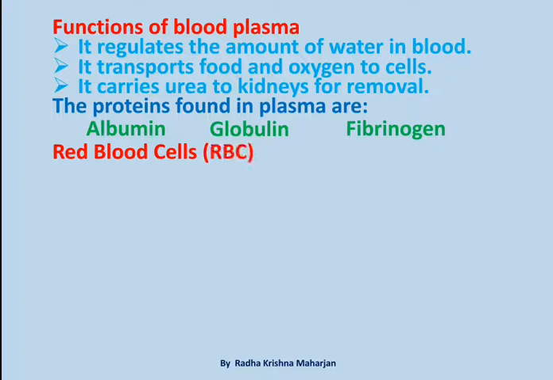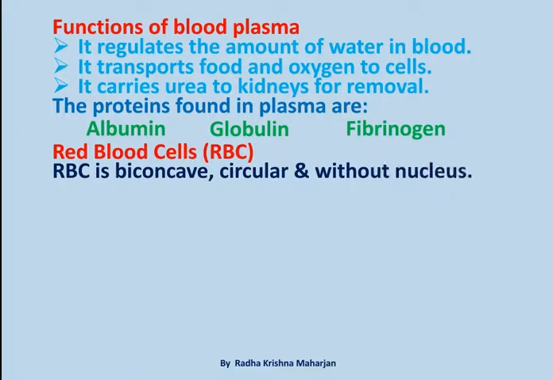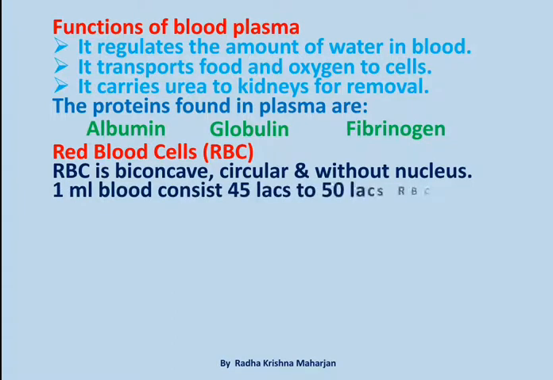Red blood cells, RBC. RBC is biconcave, circular, and without nucleus. 1 milliliter blood consists of 45 lakhs to 50 lakhs RBC.